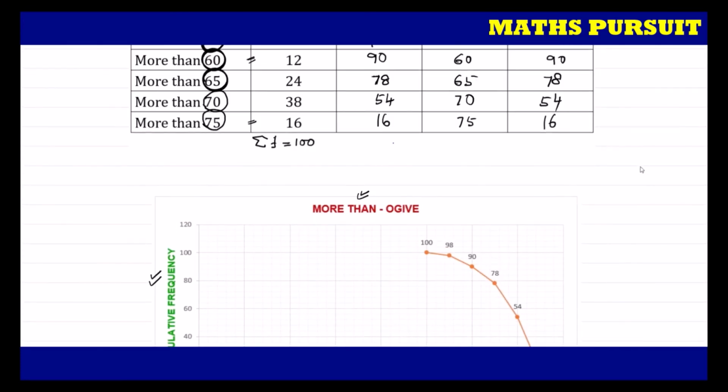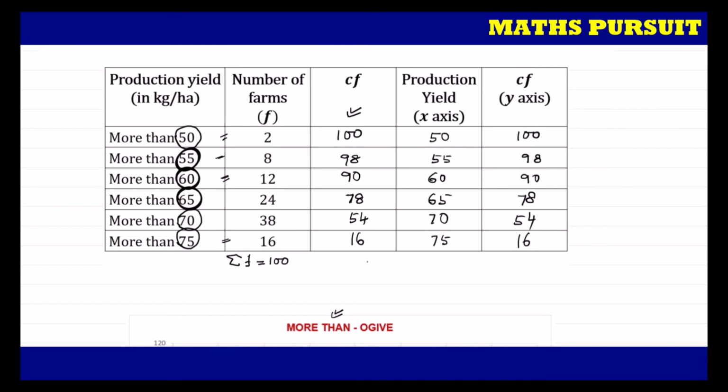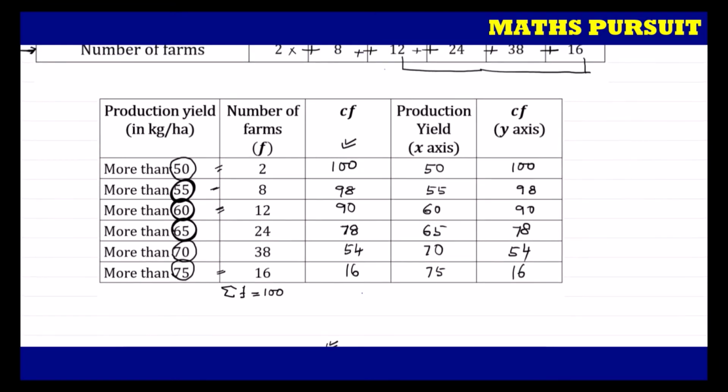Let us try to again understand. If you look here to the cumulative frequency row, these numbers are gradually decreasing from 100, then 98, then 90, then 78, then 54, then 16. These numbers are decreasing for a more than ogive, and if it would have been a less than ogive, then these numbers would have increased from a lower number to a higher number.